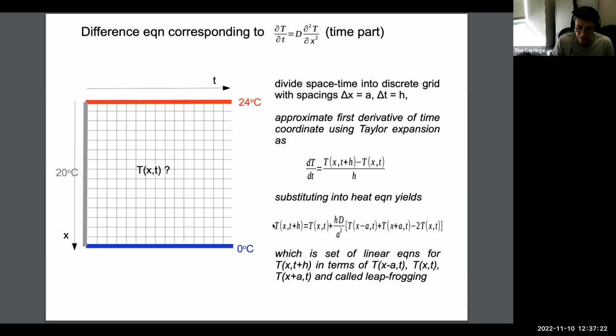So this allows you to calculate the temperature at a later time from the temperature at earlier times. And this is why we call this method the leapfrog method.